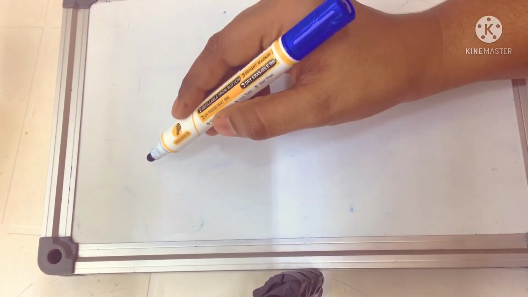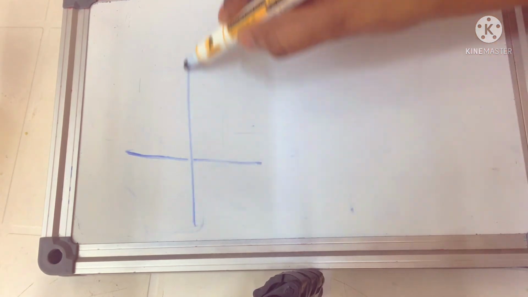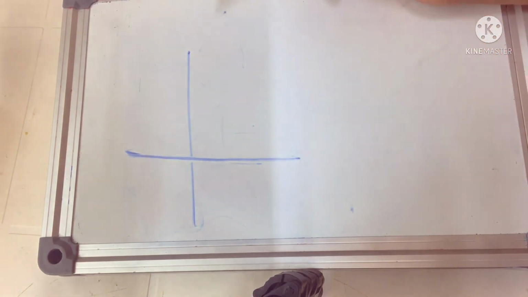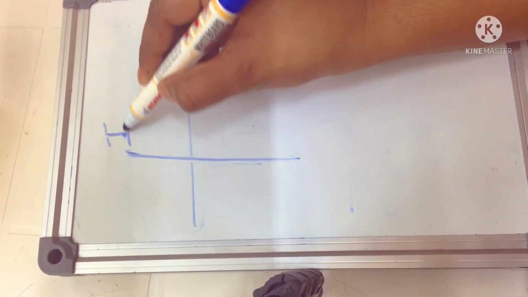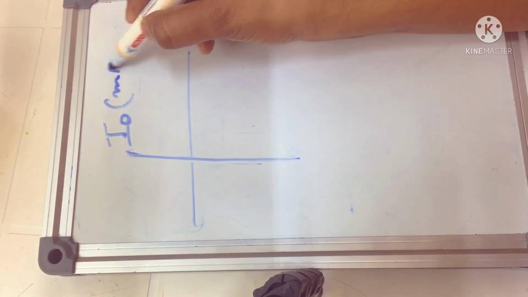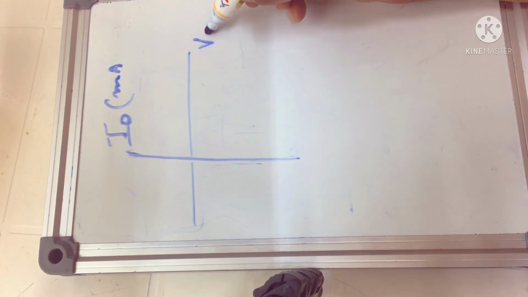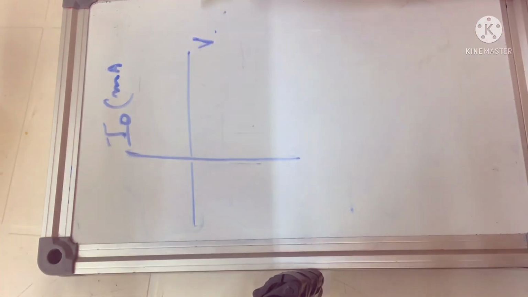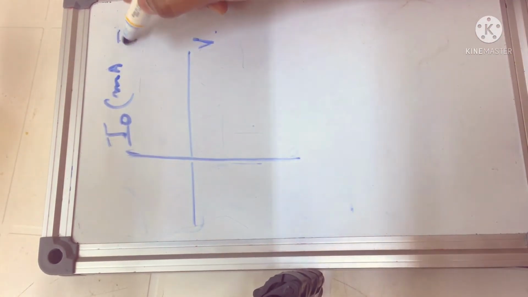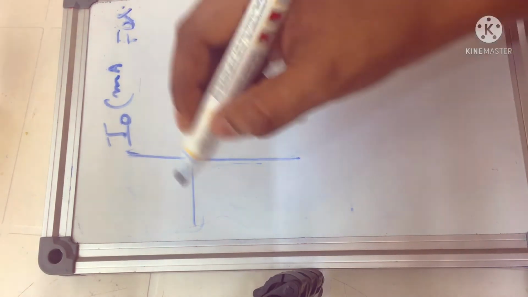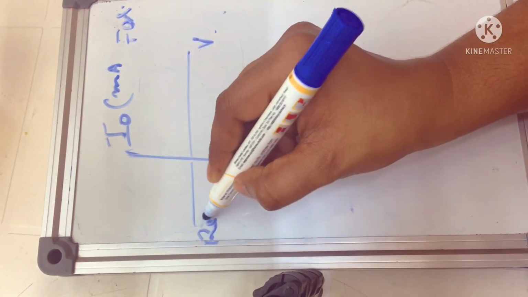Next is the characteristics of the p-n junction diode. Here it is I in milliampere. This is the reverse current. This is the forward voltage. So we can consider this is the forward region and this is the reverse region.